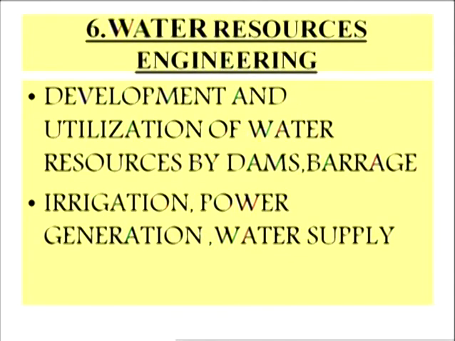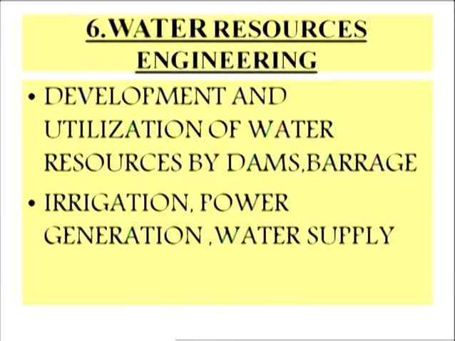Now we will discuss the sixth branch, that is water resources engineering. A civil engineer has to deal with many different types of structures, out of which the structures relating to water resources are of very great importance. Dams, barrages, and canals come under this type of structures.